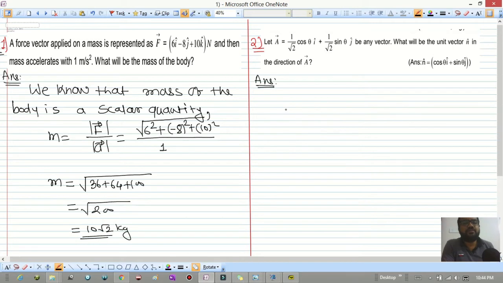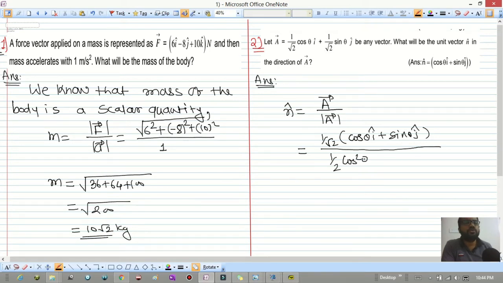So we know that unit vector is equal to the given vector divided by magnitude of the vector, isn't it? The given vector is 1 by root 2 in bracket cos theta i hat plus sin theta j hat, divided by the magnitude of the given vector, which is the whole root of 1 by 2 cos square theta plus 1 by 2 sin square theta, and that is 1 by root 2.